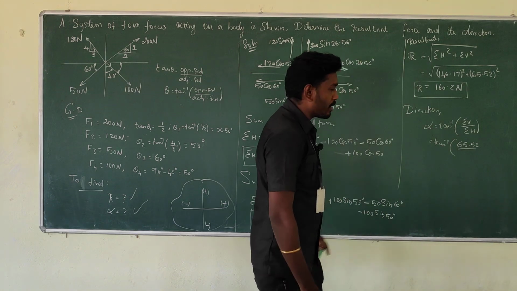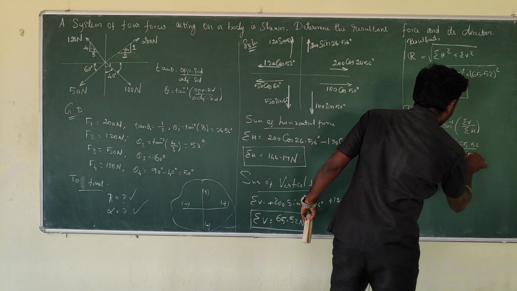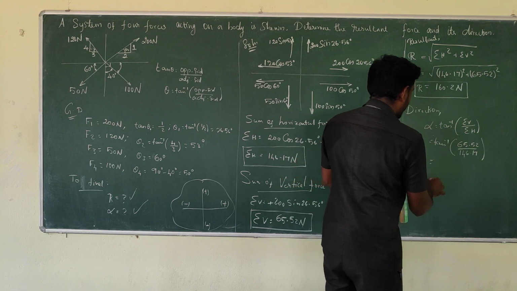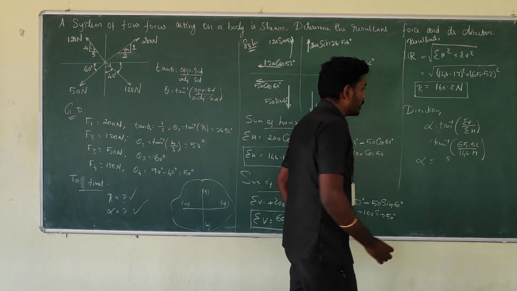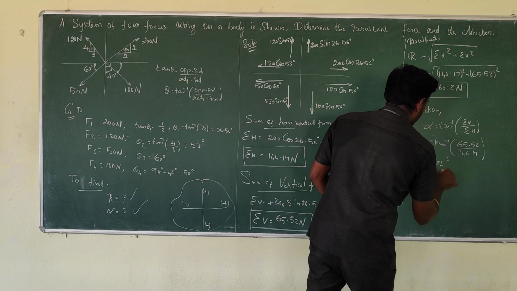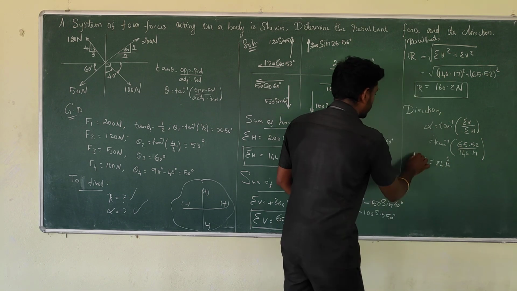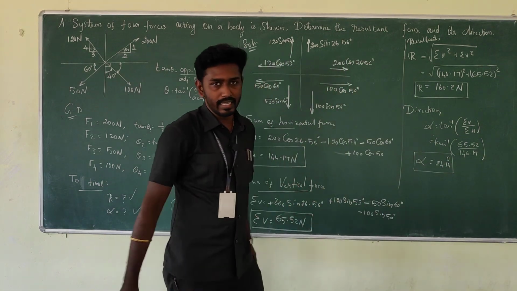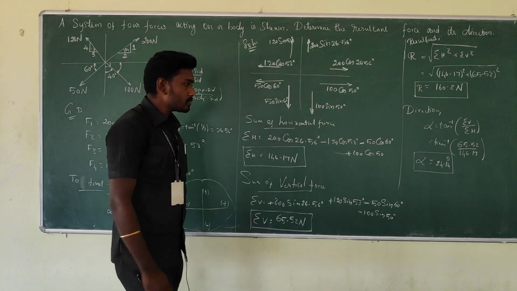What about summation of H? Summation of H is here 146.17. By simplifying it, we'll get alpha value in terms of degree. Do the calculation. I hope you will get 24.14 degree. Okay, 24.14 degree.